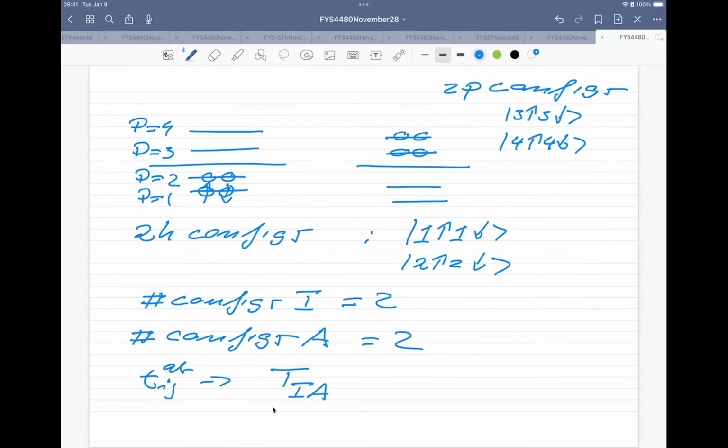And that matrix is a 2 by 2 matrix because I have 2 hole configurations and 2 particle configurations. That makes sense? And then I have my interaction here, which I had as V, A, B, I, J. And I can just rewrite that one as a V of A, I. I have 2 hole configurations and 2 particle configurations. So that's also a 2 by 2 matrix.